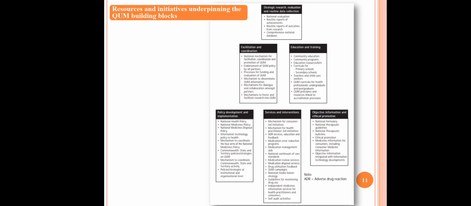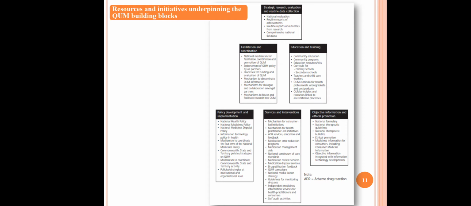Then a mechanism to foster and facilitate research into QUM, education and training, community education, community programs, education resources, then curricula for primary school, secondary school, and teachers and child care workers.